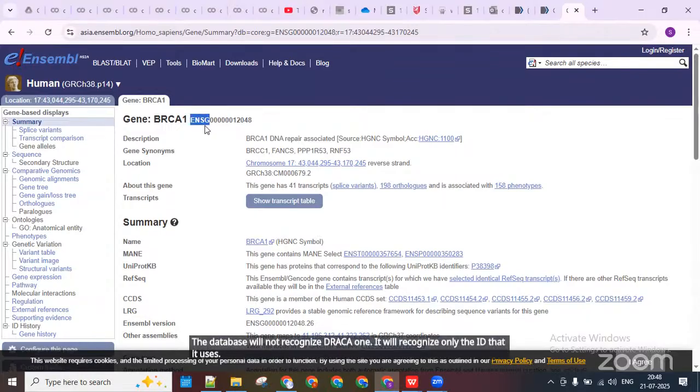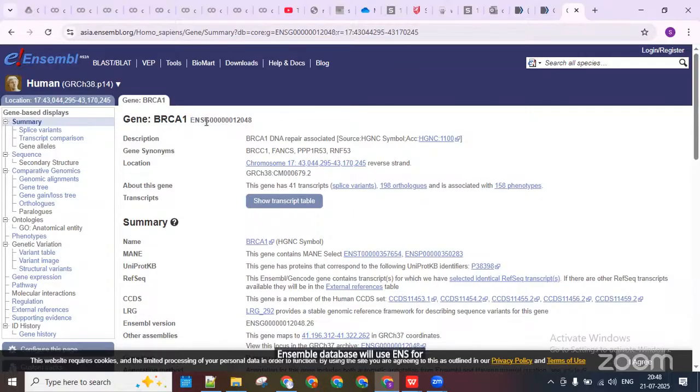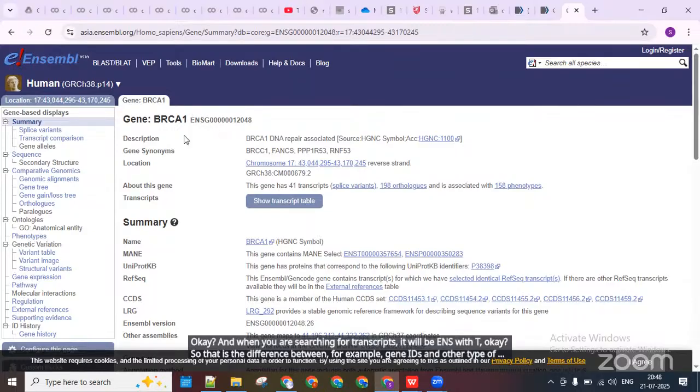For genes, the Ensembl database uses ENS for Ensembl, and G will always be there when you are searching for a gene. When you are searching for a protein, you need to mention ENS and P. And when you are searching for transcripts, it will be ENS with T. So that is the difference between Ensembl gene IDs and the other types of IDs that the Ensembl database uses.